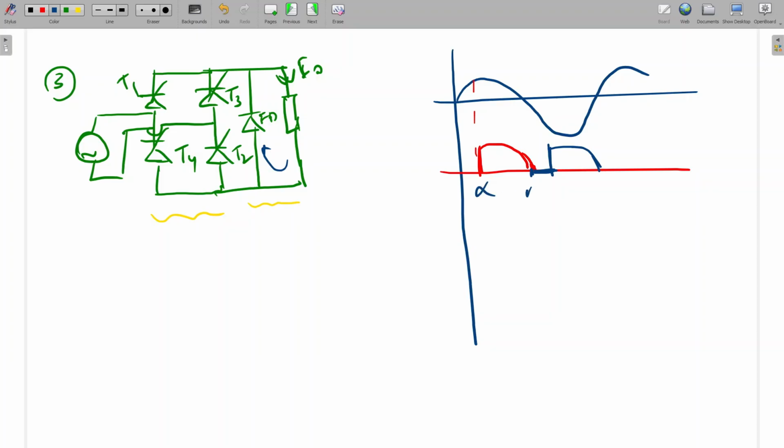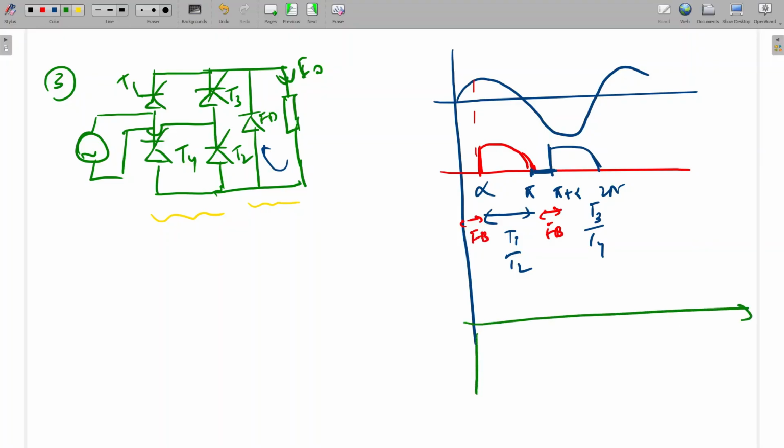So alpha, pi plus alpha, 2 pi. From alpha to pi T1 T2 will conduct, from pi plus alpha to 2 pi T3 T4 will conduct, and in the remaining sections the freewheeling diode will conduct. Here also the freewheeling diode will conduct. So we can draw the source current here also.